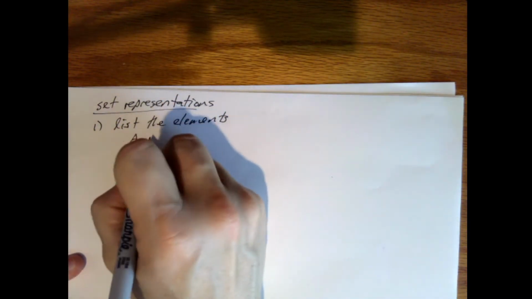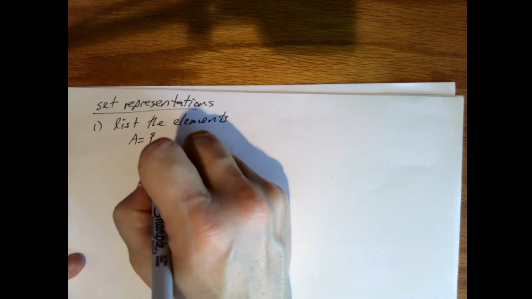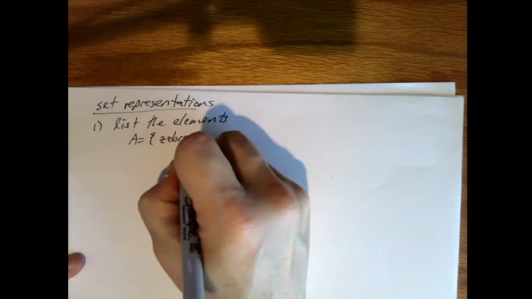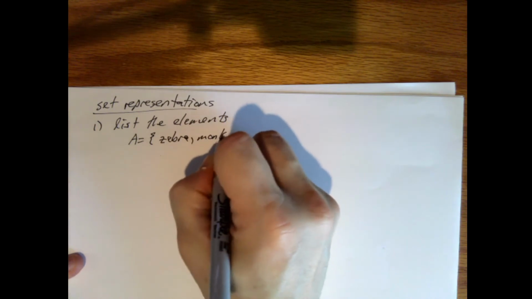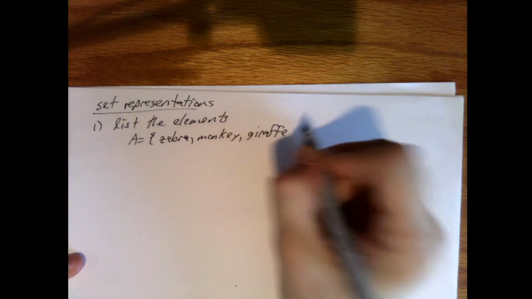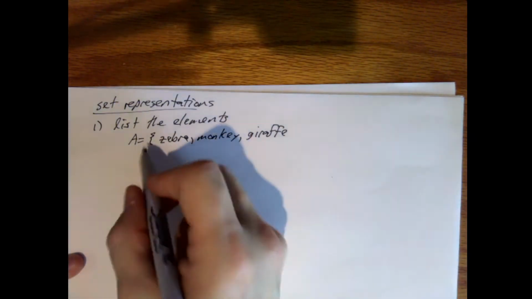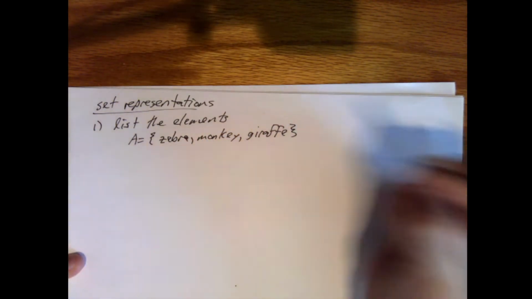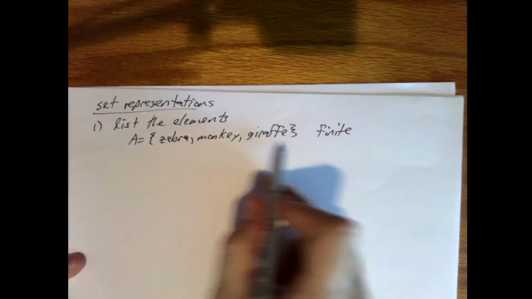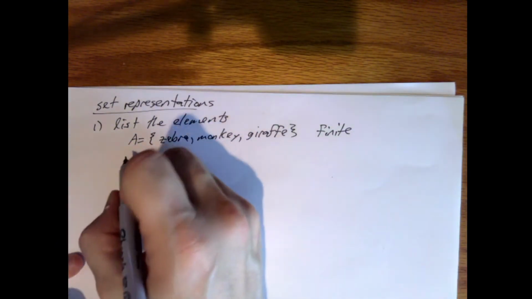A is equal to zebra, monkey, giraffe. Or these are animals present in Africa, for example, right? So this is a finite set because I can see there's 3 elements here.